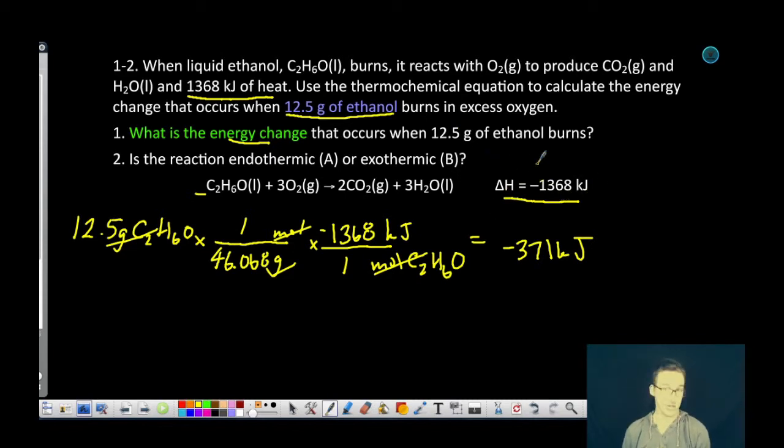As I think about just how much, well, again, some good estimation skills here will help you out. 12.5 grams is roughly a quarter of a mole, and again, that's super rough, of ethanol, right? Because 4 times 12 is going to be 48. So like roughly a quarter, which means that I'm going to produce roughly a quarter of the heat that's released from burning 1 mole.